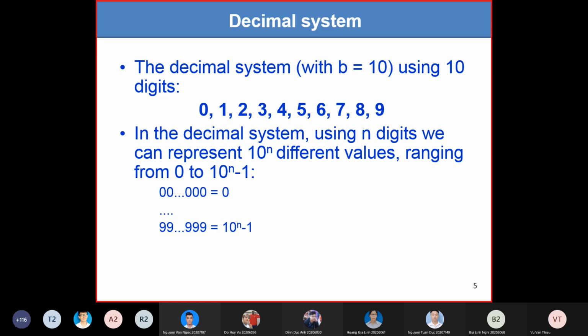For example, when we use 3 digits, we can represent 10 power 3 equal to 1000 different values from 0 until 999.